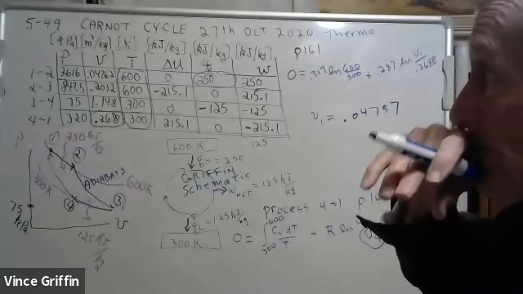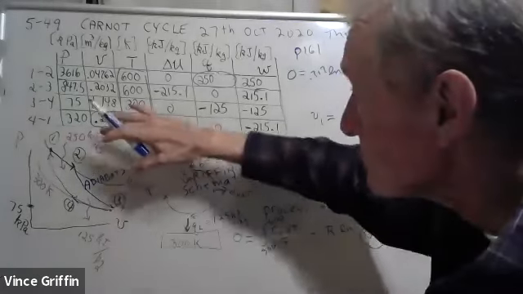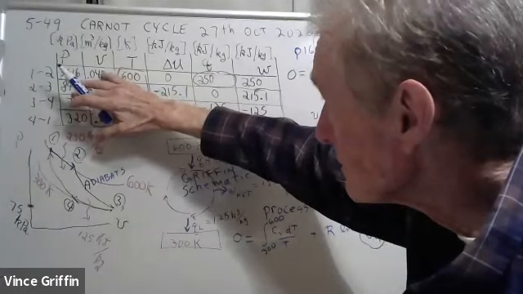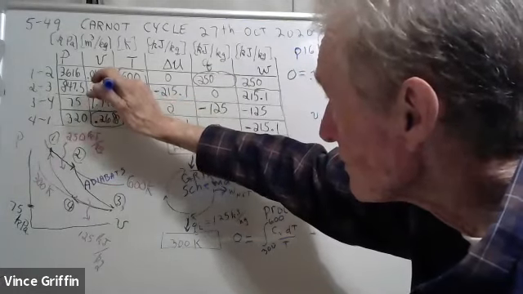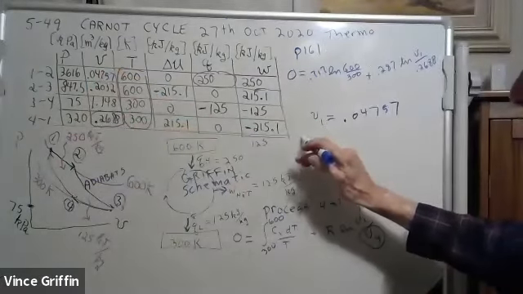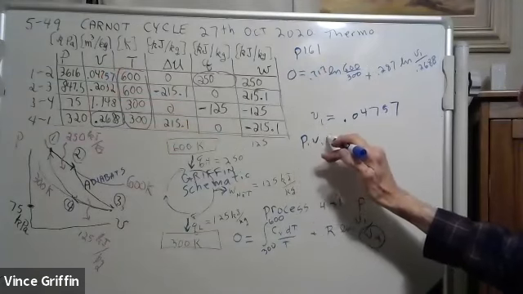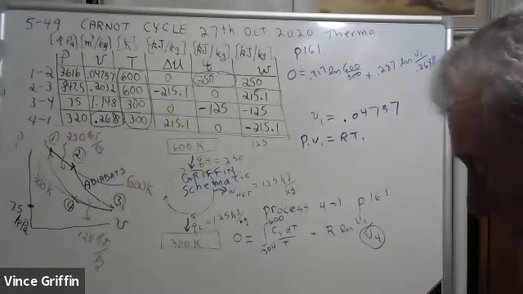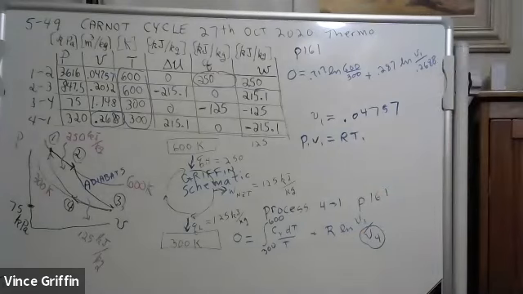Pressure. Here, let's do it. 0.4757. Now we're going to get the pressure. P1V1 is equal to RT1. So let me get the pressure there at state 1. Here goes.